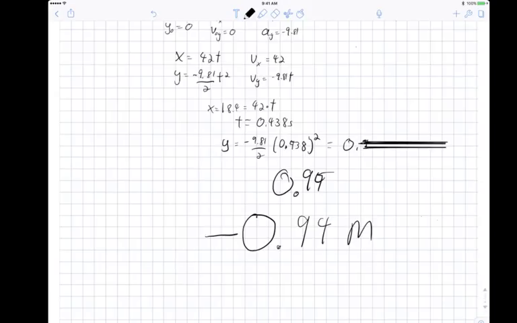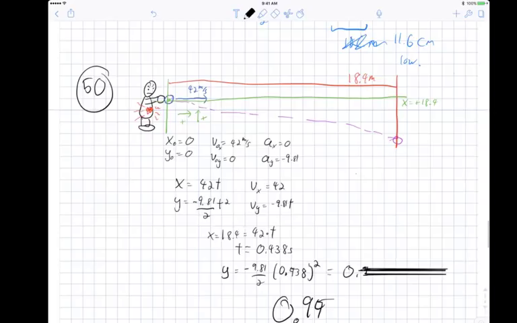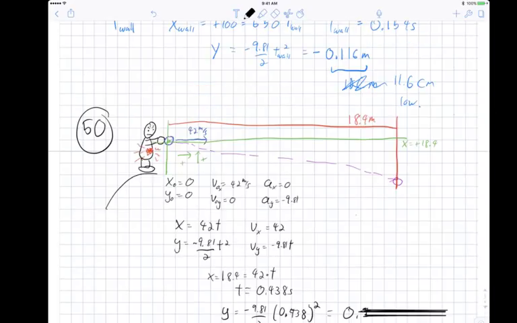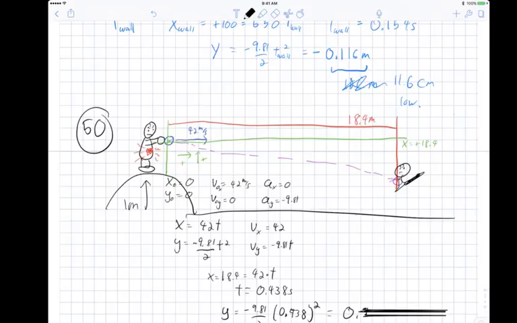So there you go. That's how far. And so if you put the pitcher on a 1 meter high mound, then by the time it gets to the batter, it will be batting height on the batter. Choke up on that bat, mister.